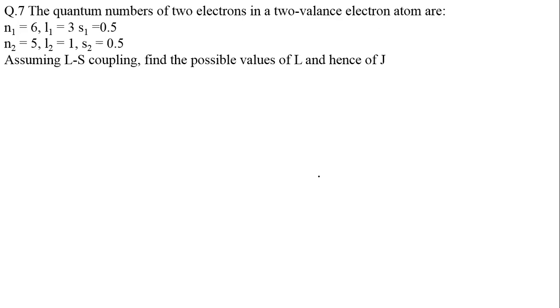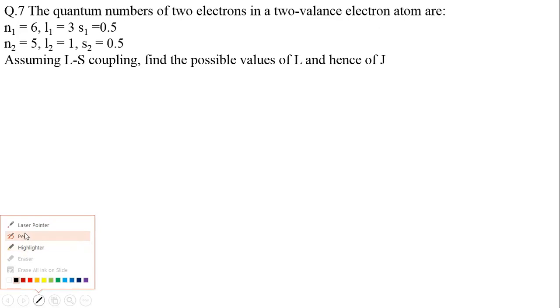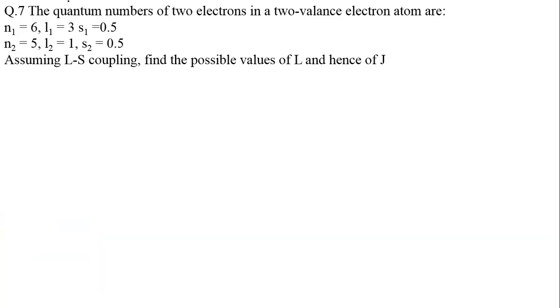Assuming LS coupling, find the possible values of L and hence of J. LS and JJ coupling we will be studying in upcoming weeks. But since it's given assuming LS coupling, we can solve it because it's easier.